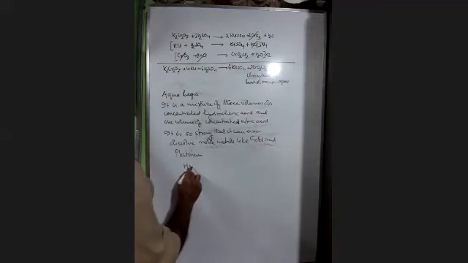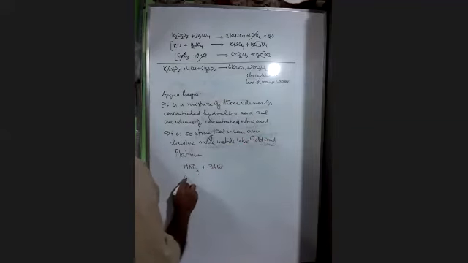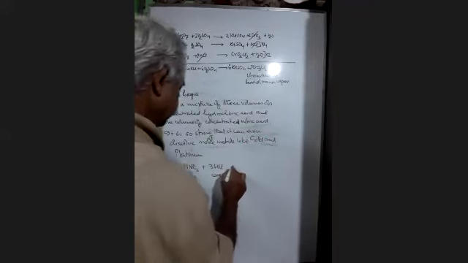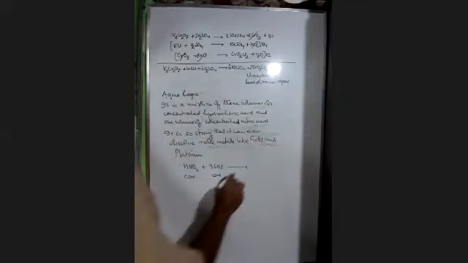So I'll write down the equation. HNO3 plus 3HCl, concentrated. It gives you 2H2O, NOCl plus 2 chlorine.